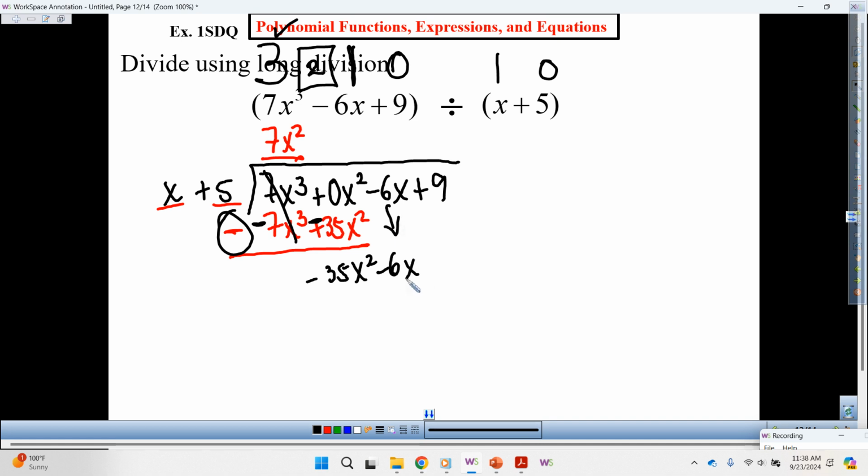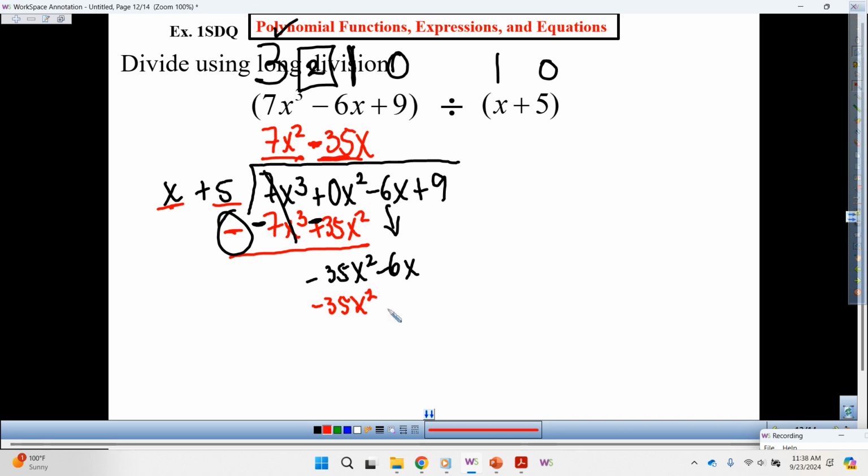Let's do it again. What number times x gives us negative 35x squared? What is it? Negative 35x, yes. Negative 35x times x, negative 35x squared.